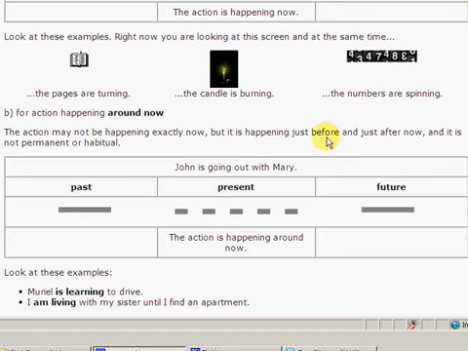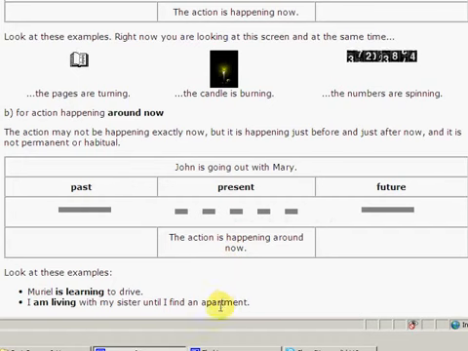John is going out with Mary. So, you know that sentence is in the present tense. The action is happening around now. It's not exactly happening this exact time, but it's happening around now. Before now or after now, but it's still happening.